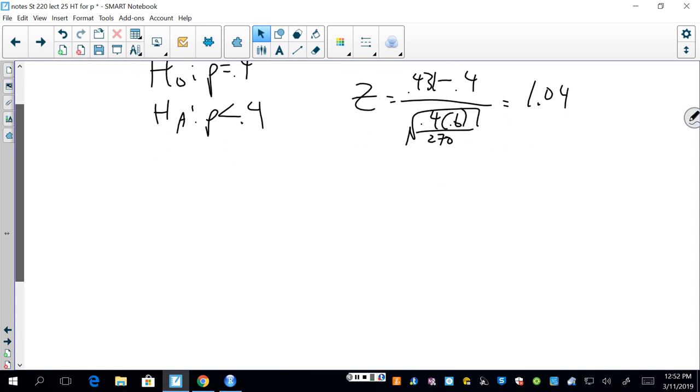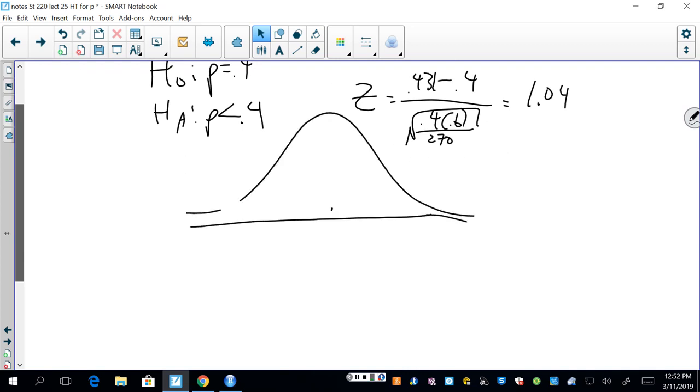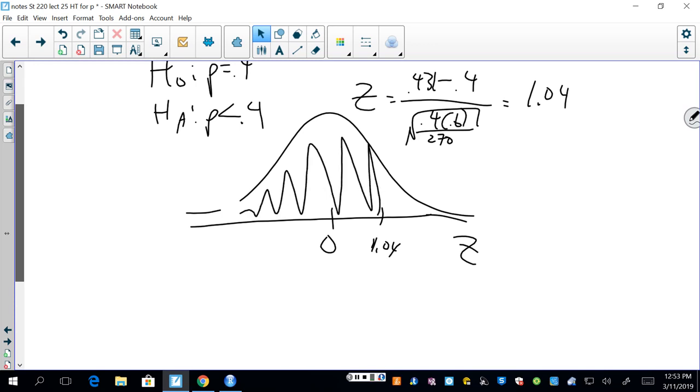But because this one is looking the other way, to answer her question, with 1.04, because this one is looking to the left, we would really look that way.